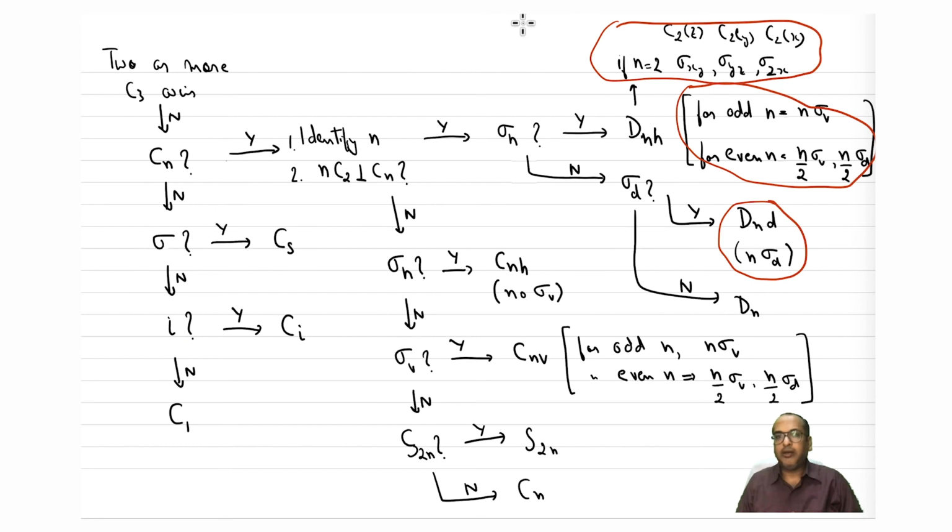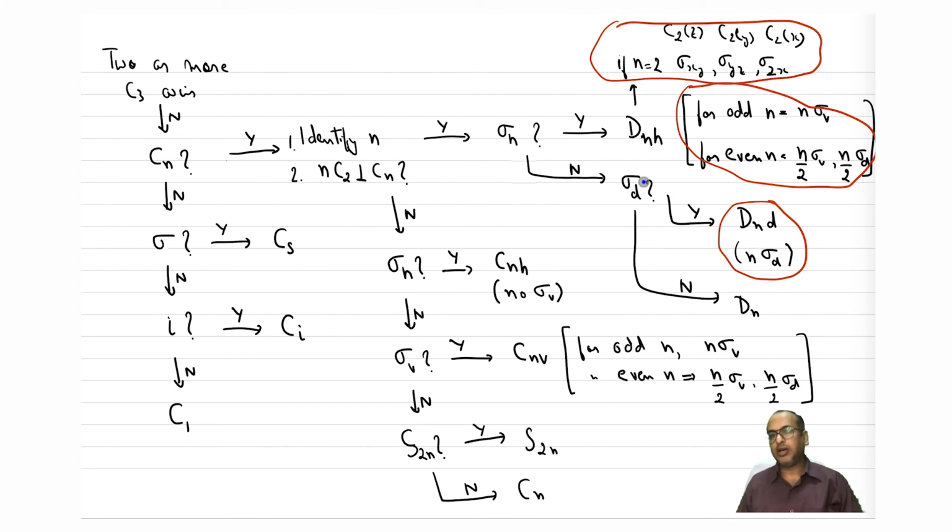For example, let's start here. You are asking sigma h, which is easy to identify. So you don't care whether it's a sigma v or d. You're worrying about sigma h. Here, if there is no sigma h, then any sigma present can be called sigma v or sigma d.